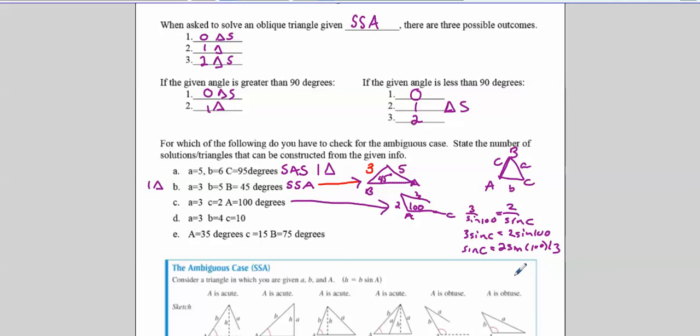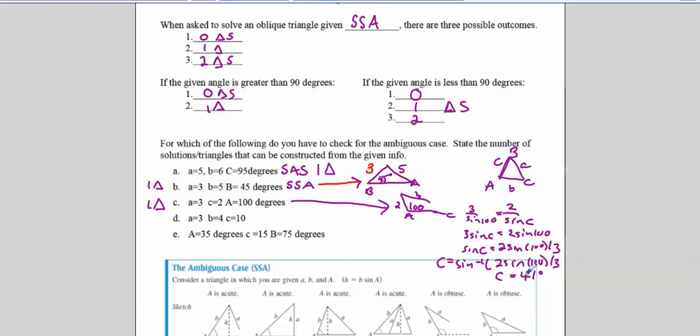Then you apply an inverse sine to find C. So C would be the inverse sine of 2 sine 100 divided by 3. It turns out that this is possible because for angle C we get an angle of 41 degrees, which tells us that there is a triangle that would work here. If there was not a triangle, we would get an error at this point.